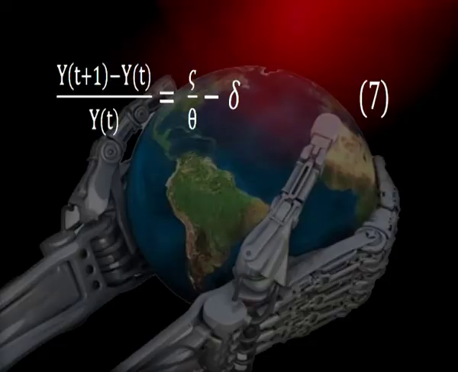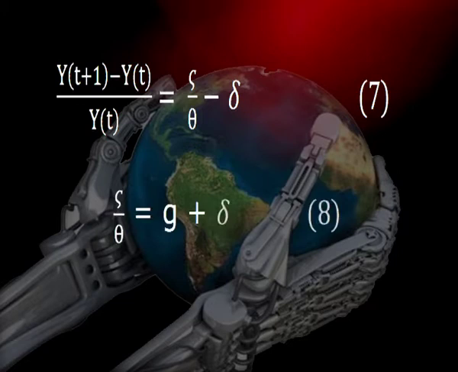A lower theta means that lesser capital is required to produce a unit of output, and so more output can be generated by the existing stock of capital. Now, equation 7 can be shown as sigma upon theta is equal to G plus delta.